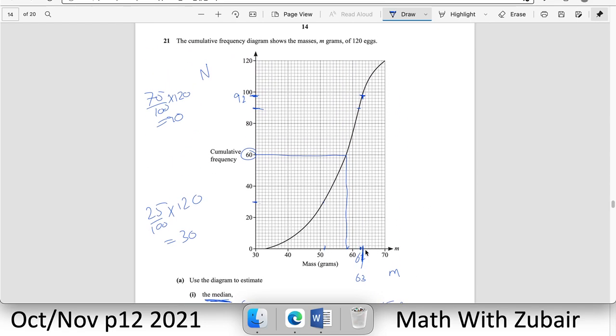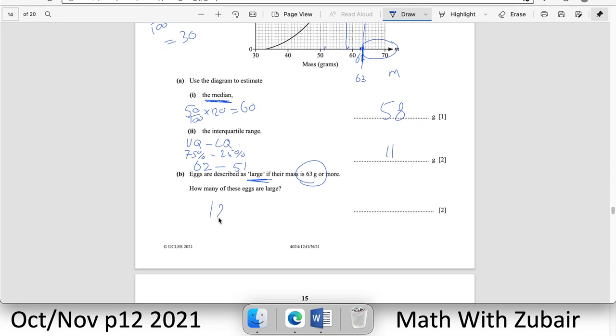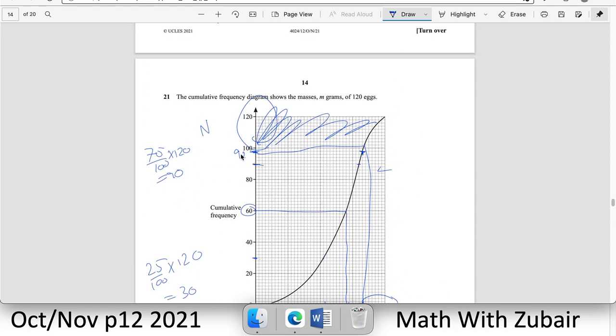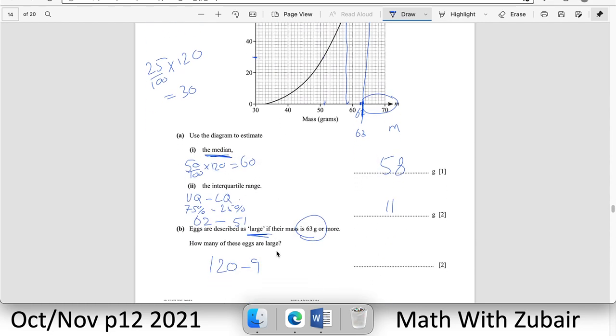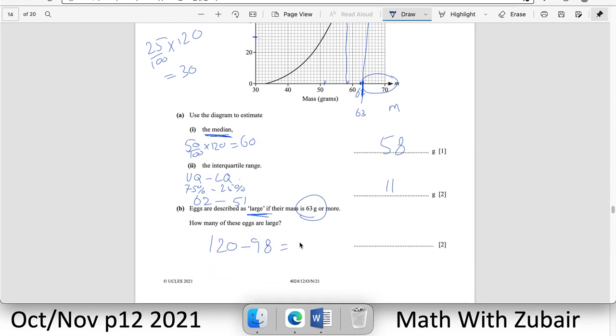So these are the eggs with mass more than 63 grams. So it corresponds to the values above this. So there are 120 minus 98, that's 98. 120 minus 98, 22 eggs.